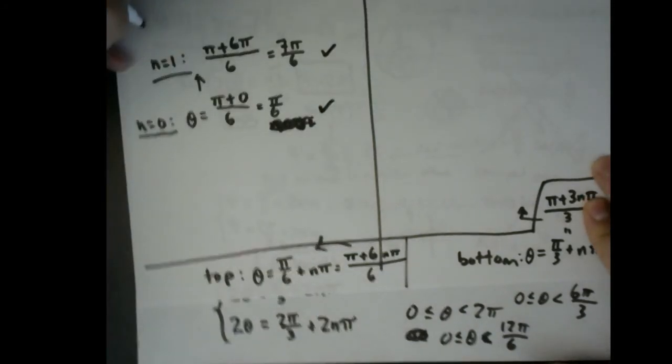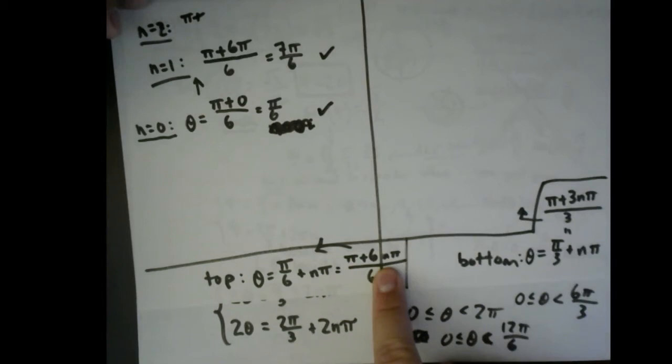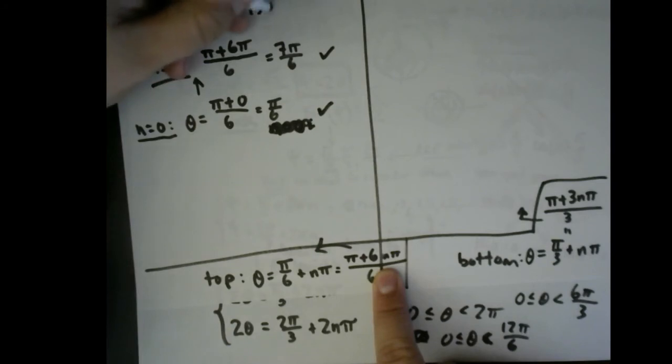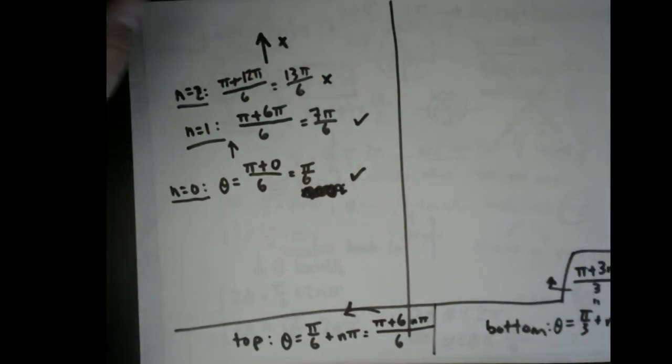If I try n equal 2, though, what happens? Well, I get pi plus, and if I put 2 in here for n, I'll get 12 pi over 6. Well, that's 13 pi over 6. I'm no longer in this range. I'm to the right of 12. So that's bad. And when that happens, everything else is bad. Everything else is beyond the range.